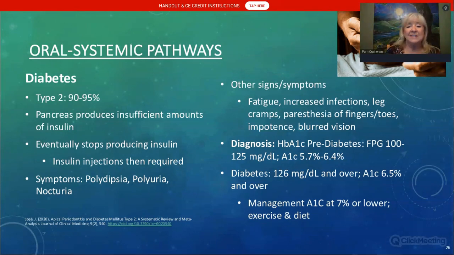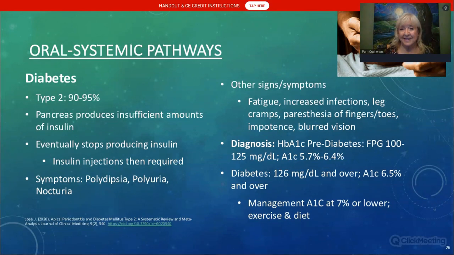When a patient is diagnosed with the condition, that's usually done through a blood test called A1C, and below 5.6% is considered healthy. But a patient with 5.7% to 6.4% is considered a pre-diabetic patient, and their fasting glucose is 100 to 125 milligrams per deciliter.